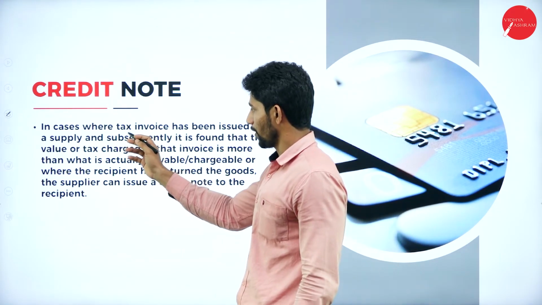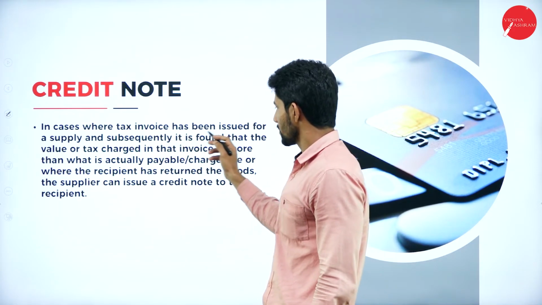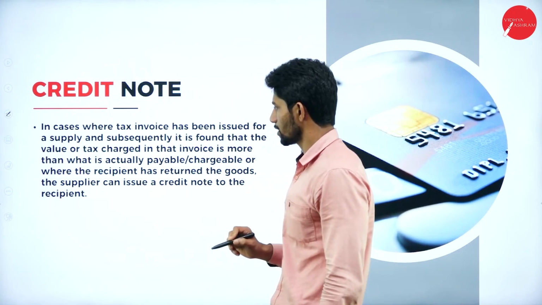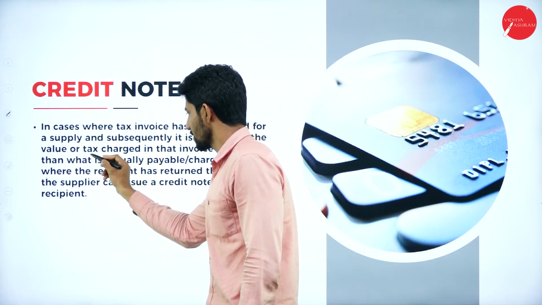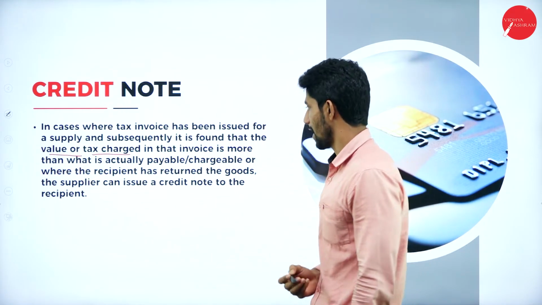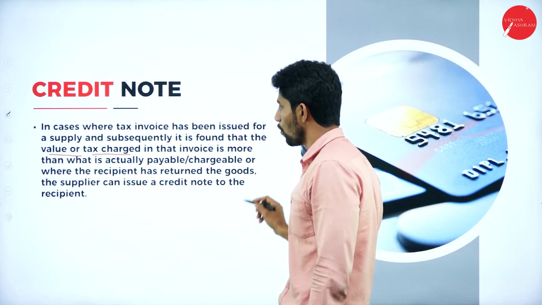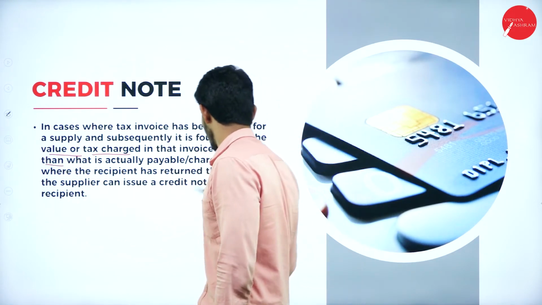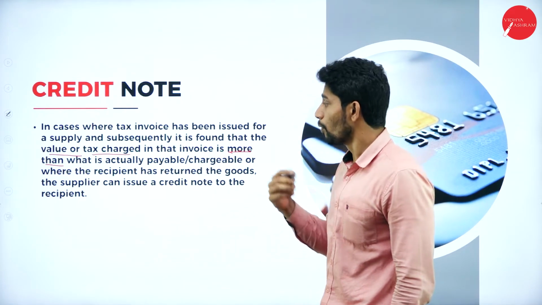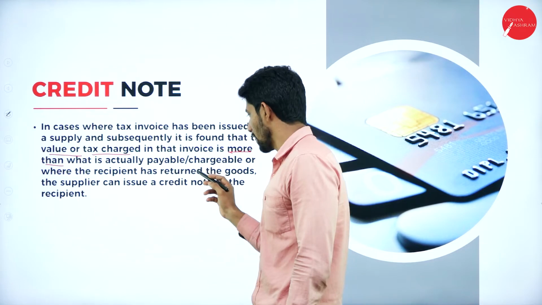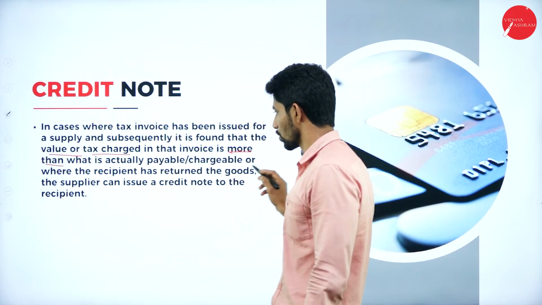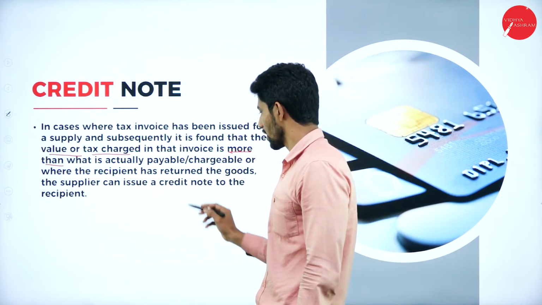In cases where a tax invoice has been issued for a supply and subsequently it is found that the value or tax charged in that invoice is more than what is actually payable or chargeable, or where the recipient has returned the goods, the supplier can issue a credit note to the recipient.